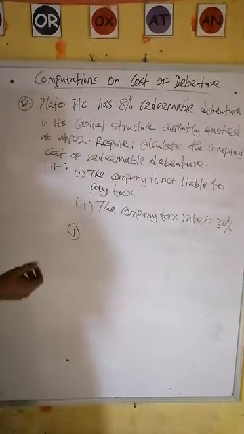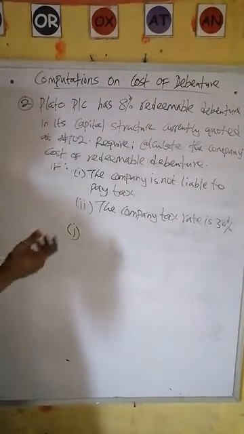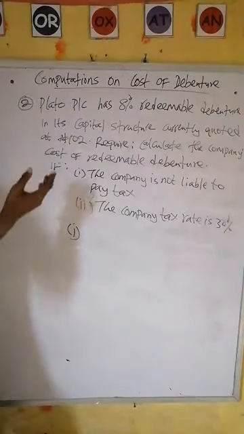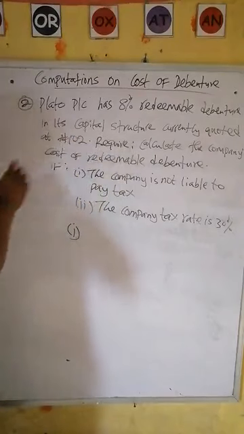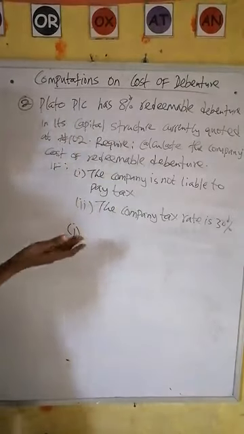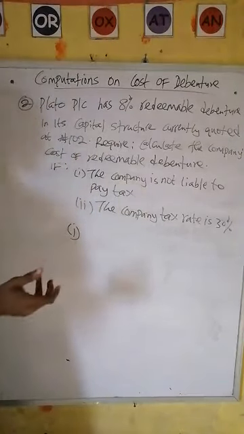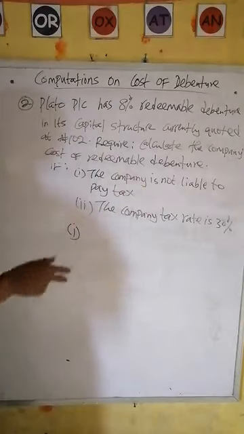What are the conditions for a debenture to be termed redeemable? A debenture will be redeemable only if two conditions are present: there must be a date of purchase and there must be a date of redemption.